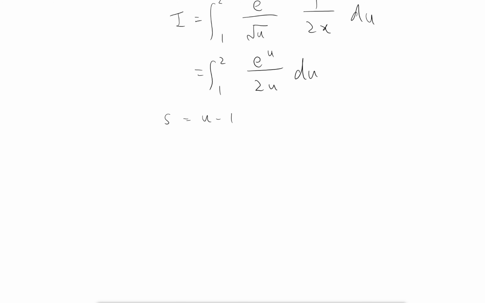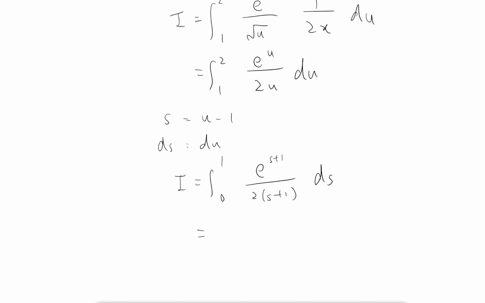If I sub in 2, 2 minus 1 gives s equals 1, and if I sub in 1, 1 minus 1 gives s equals 0, which are the limits that I want. Then ds equals du. So the integral equals, from 0 to 1, e to the s plus 1, because u equals s plus 1, over 2 times (s plus 1) ds.